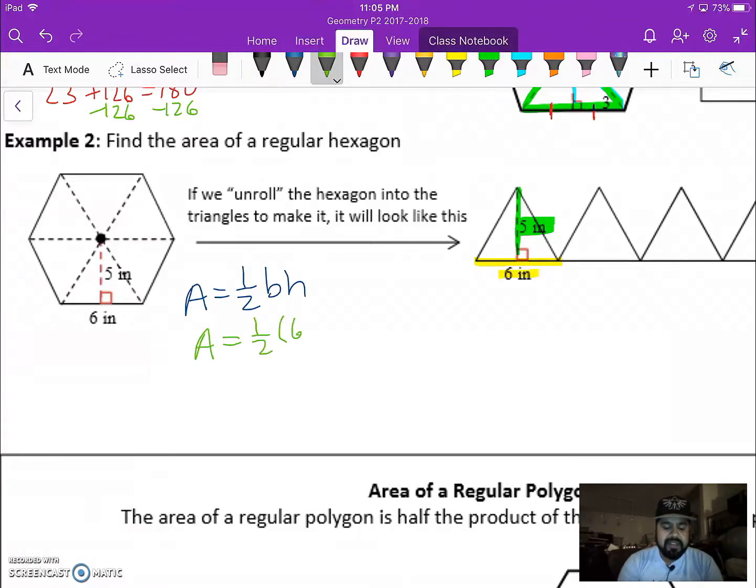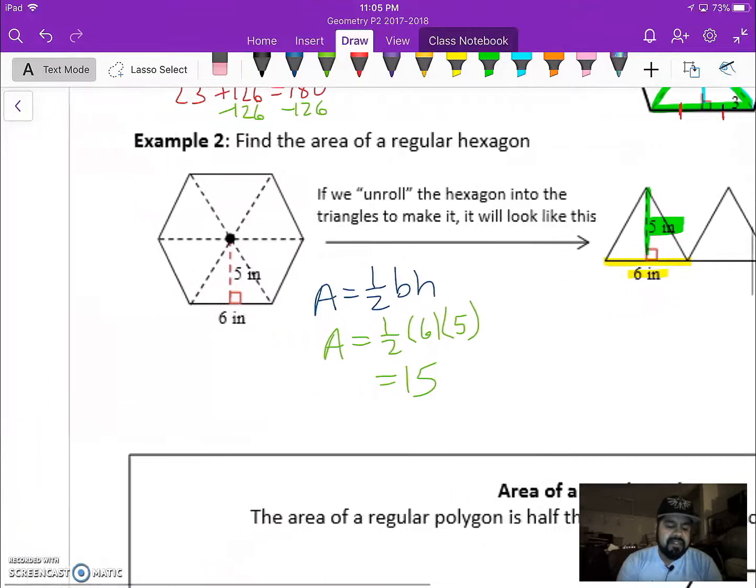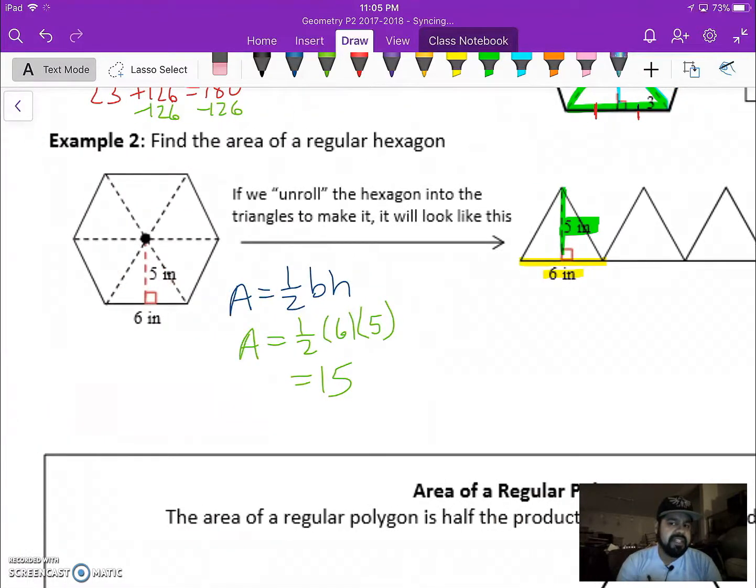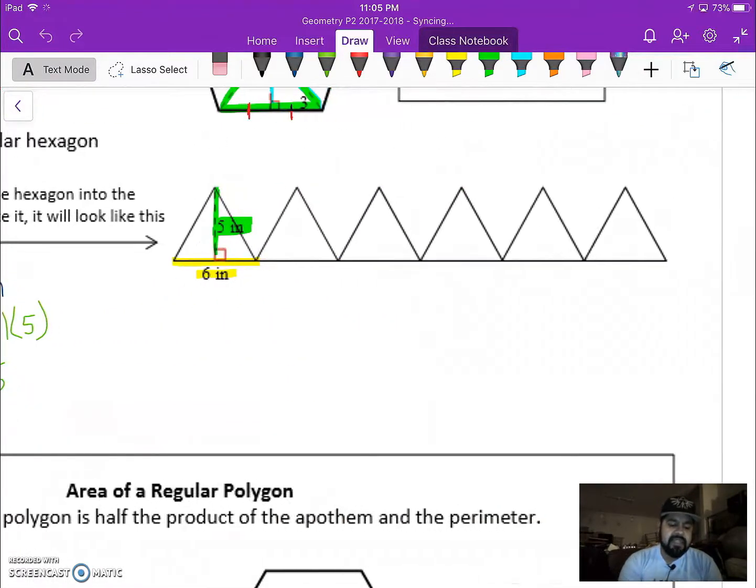1/2 of 6 times 5, which gets us 15. But hold on, that's the area of one triangle. Inside of a hexagon, I was able to split it into 6 equal pieces. Here are the 6 triangles.